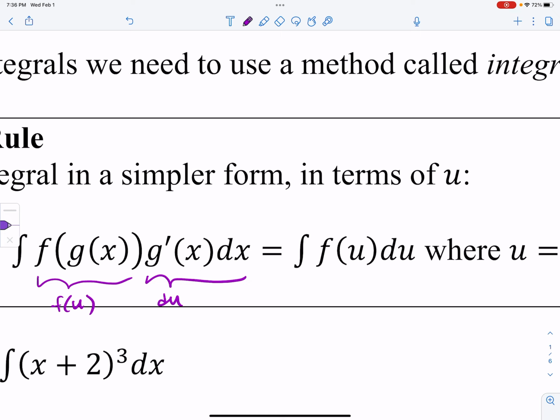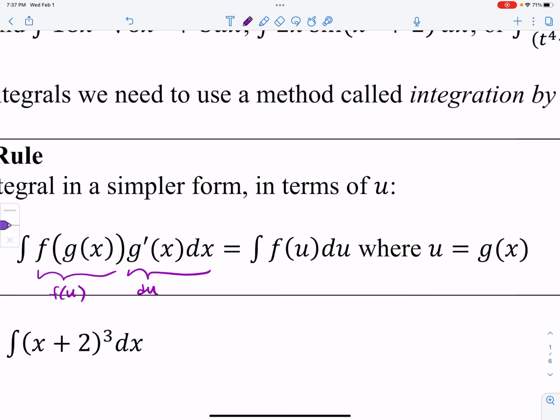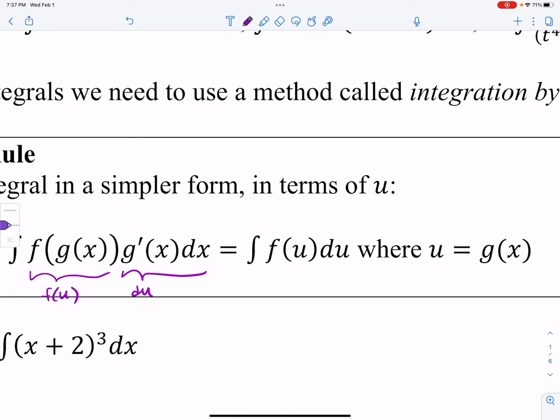And we end up rewriting the integral in simpler terms in a way that you can integrate using those basic rules of integration. So in this case, u is equal to g of x.